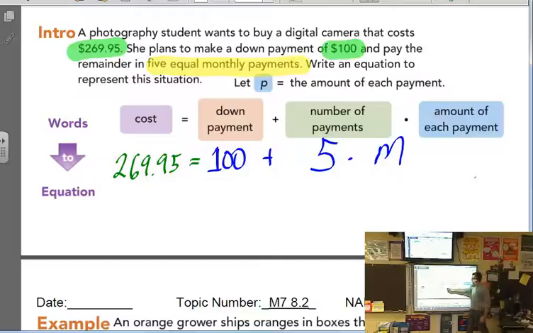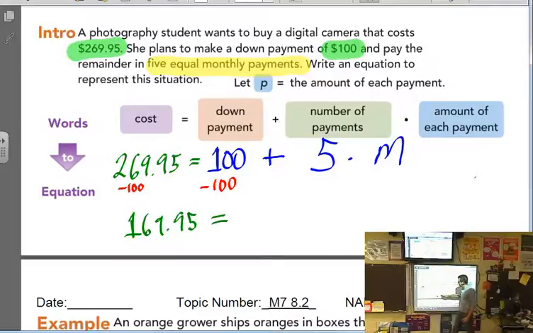But what we have for how we're going to get to our $269.95 is the original 100 and then the 5 monthly payments. The first thing we want to do is get rid of what you've already paid because we want to know what is left. How much do you still owe? So we take away this 100 from both of these, and that gives me $169.95 is equal to the 5 monthly payments that I have to make.